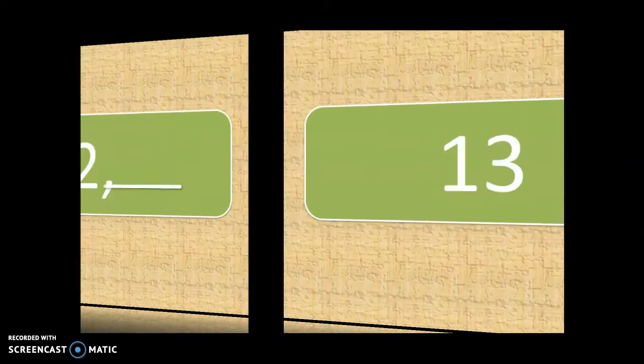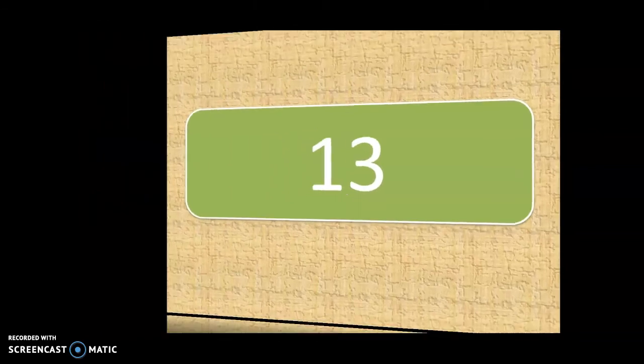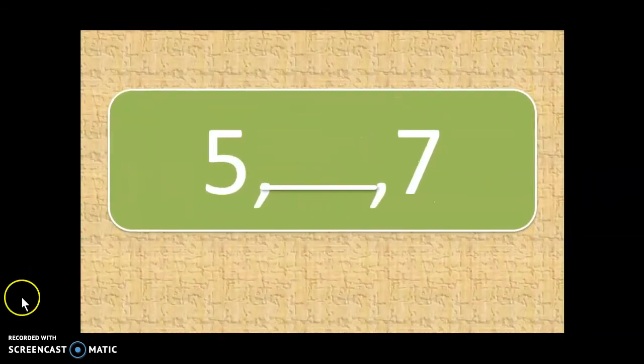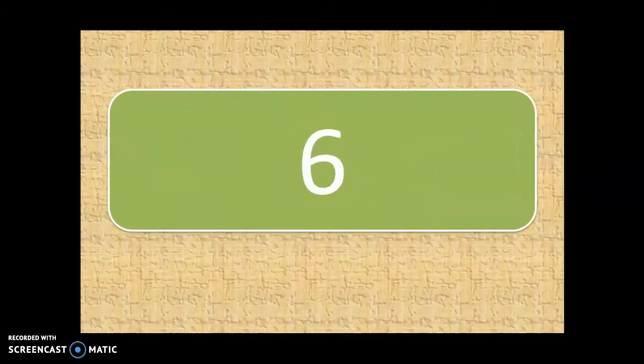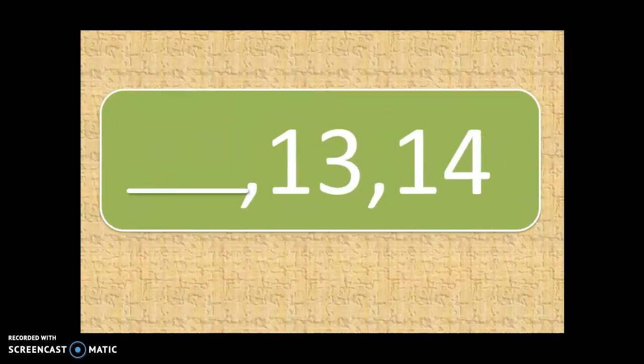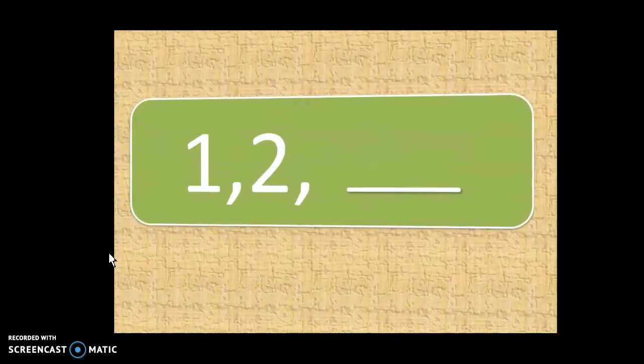Here's the next one. 11, 12, 13. Going a little fast. So what's in the middle of 5? 6. Ooh, what's this one? Okay, 1, 2.